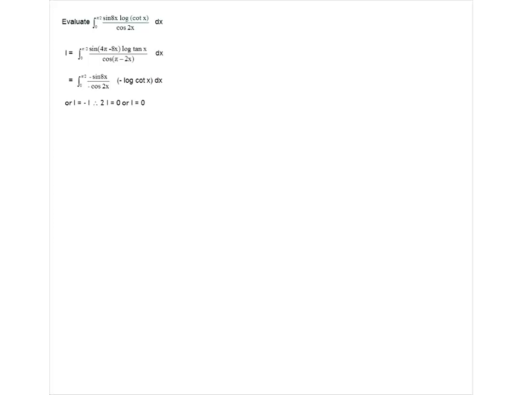When you use that a minus x property, in place of x you put a minus x. So that becomes this. Then log of cot x, in place of x you put a minus x. That becomes log of tan x.